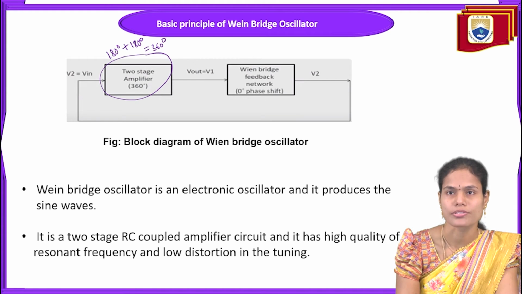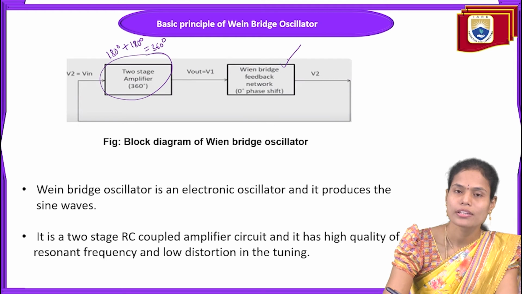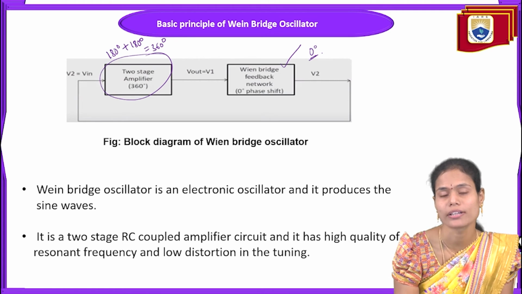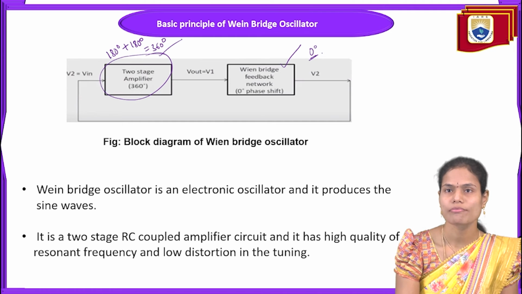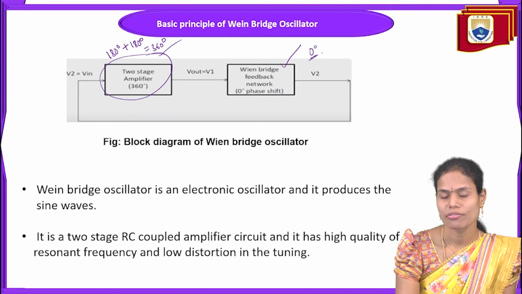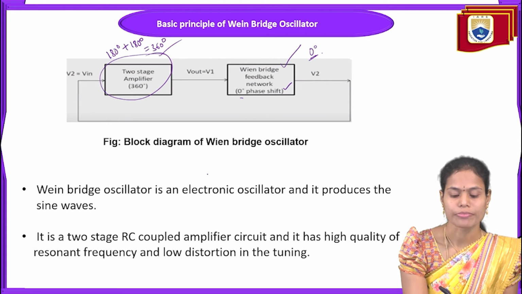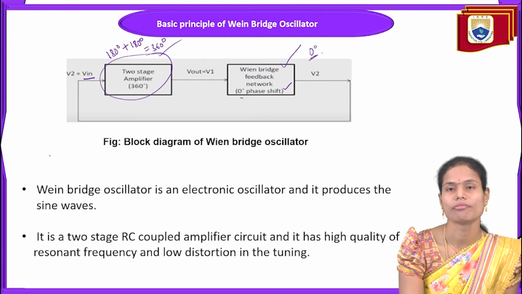That is required for the oscillator. And the feedback network we are designing in such a way that it should provide 0 degrees phase shift. The phase shift required for the oscillator we are generating from the amplifier itself. So that's why there is no need to get any phase shift from the feedback network. So that's why 0 phase shift it should provide. Okay, so the input for this two-stage amplifier we are giving here as Vin.